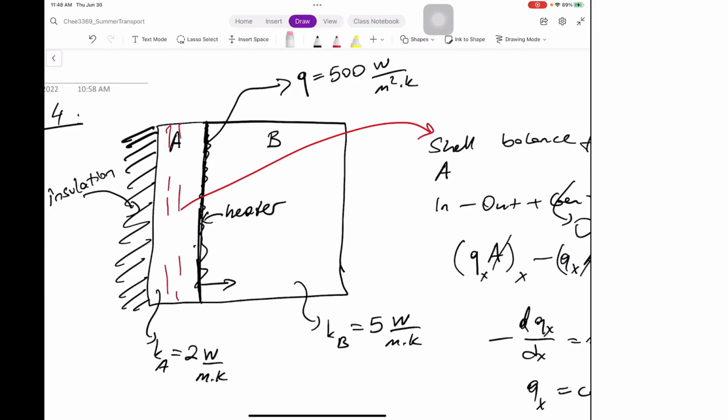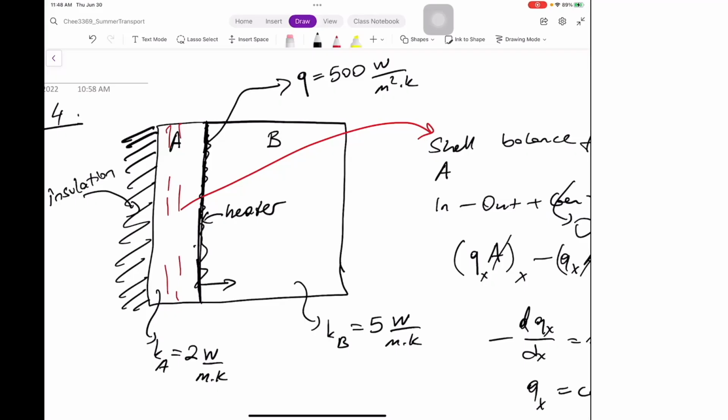So would the insulation be considered perfect in this case? Exactly, that's a great question. Now, the problem should have said perfect insulation, but even if it doesn't say, here are the signals that you can use to decide it must be perfect.